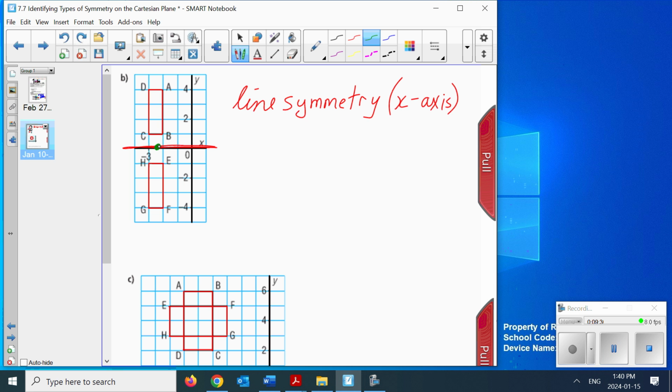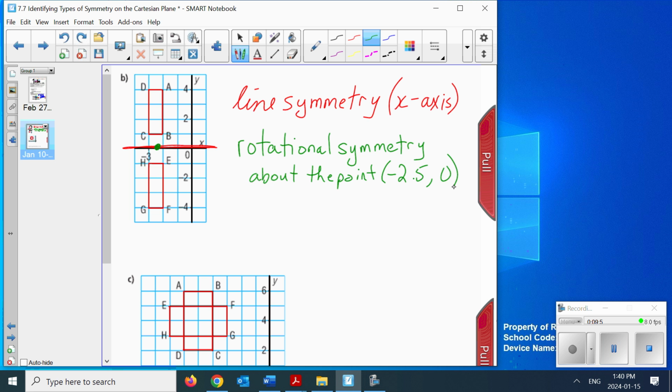So, and then there's rotational symmetry about the point -2.5 with a height of 0 for 1. Both types.